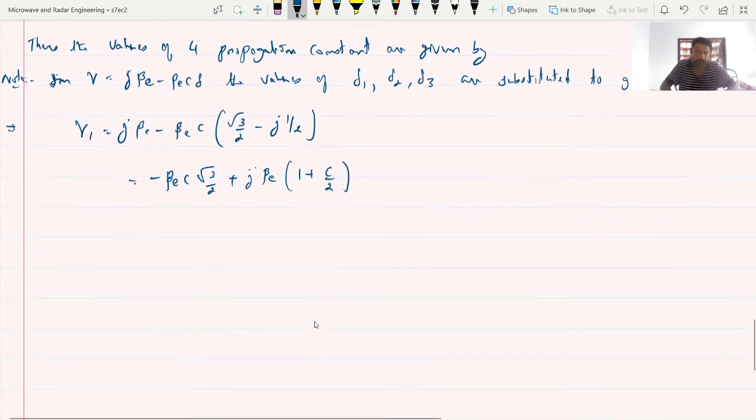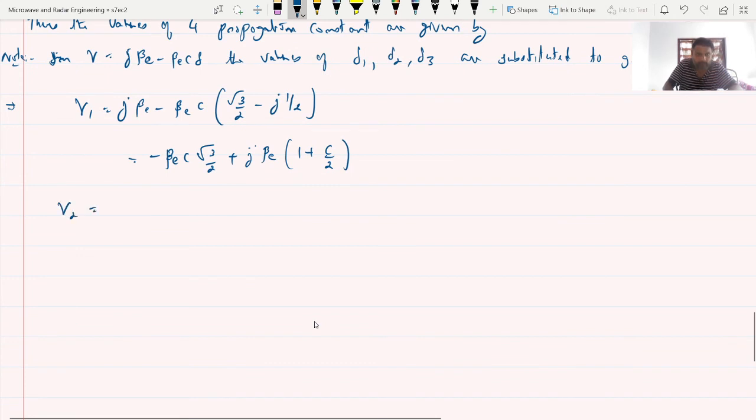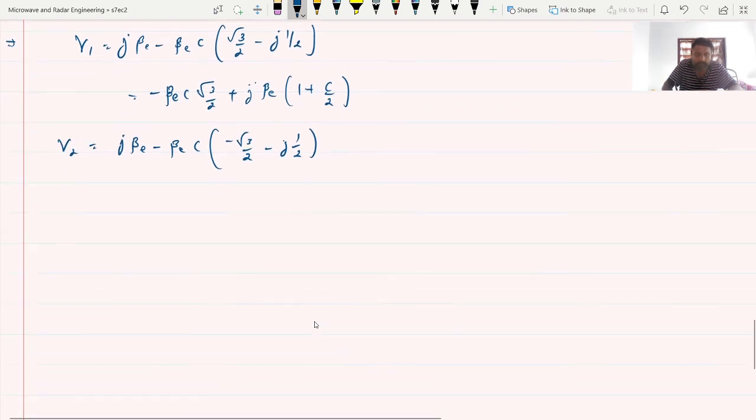Similarly gamma 2 is nothing but j beta I minus beta I c into minus root 3 by 2 minus j into 1 by 2. So that changes to beta I c into root 3 by 2 plus j beta I into 1 plus c by 2.